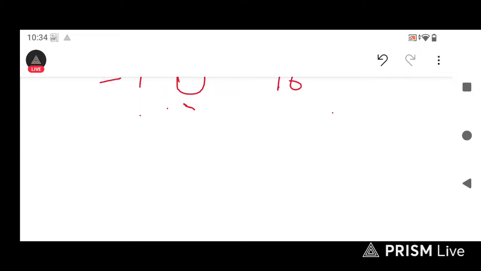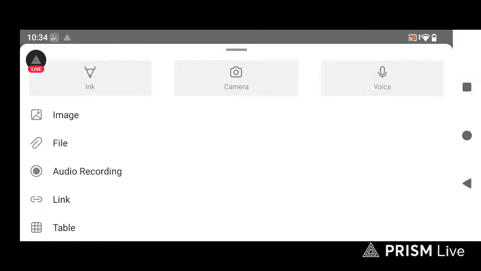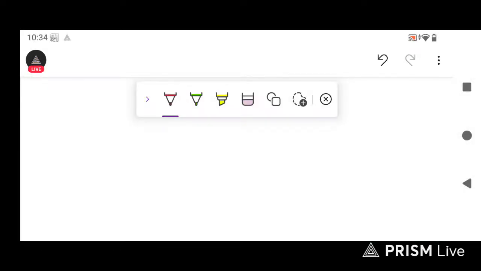Okay, so if we change anything, for example, sodium, the symbol is Na. The sodium atomic number is 11.